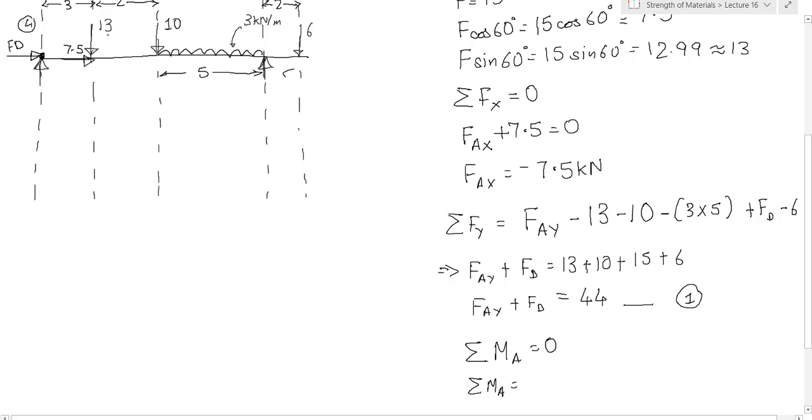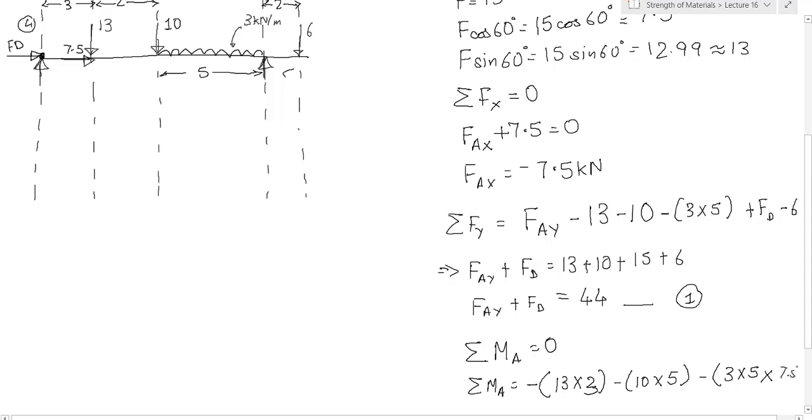So first of all, force is what? 13. It is rotating it in clockwise direction, so minus. So minus 13 into 3, distance is 3, minus 10 into 5, minus, we have uniformly distributed load, so 3 kilonewton per meter into 5 meters into what is the distance? It will be acting at the center, so 3 plus 2 plus 2.5, so it will be 7.5.